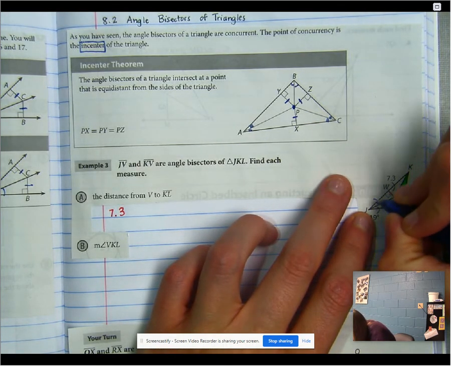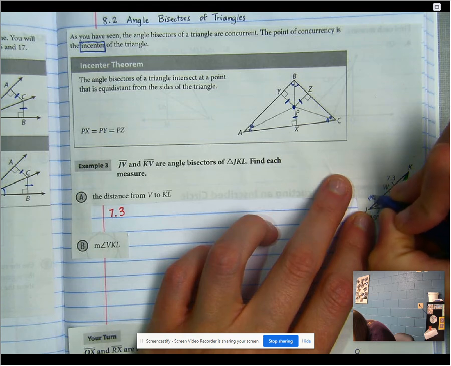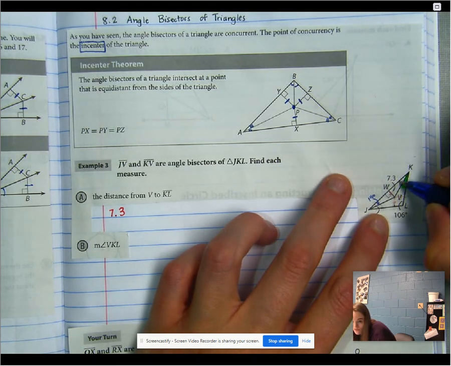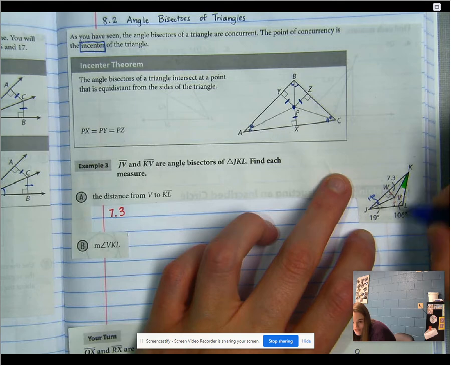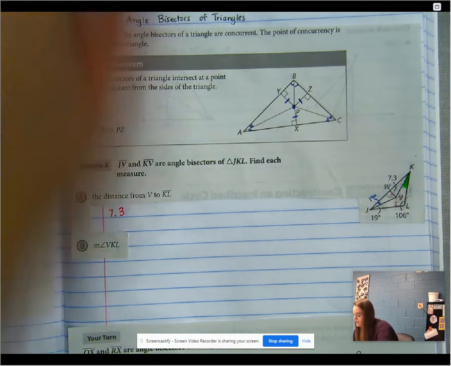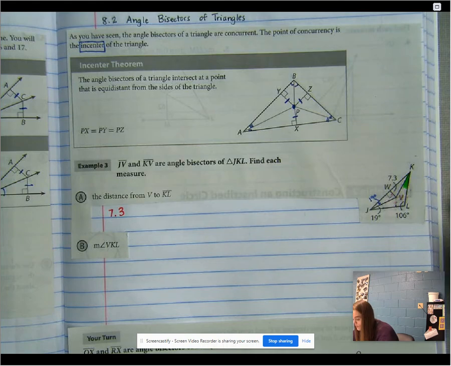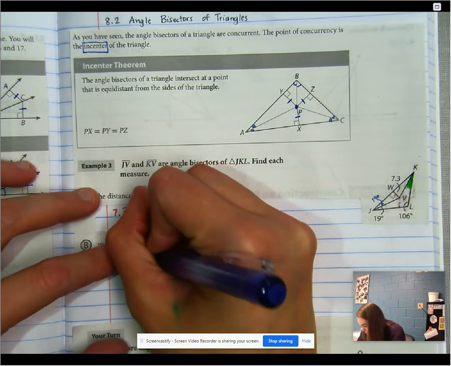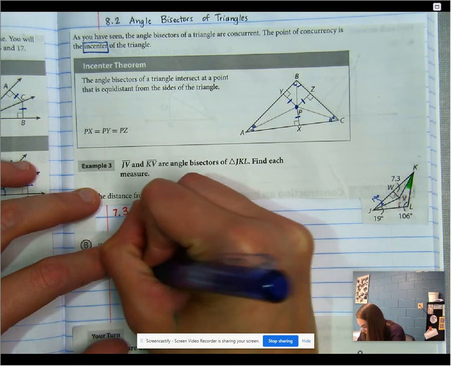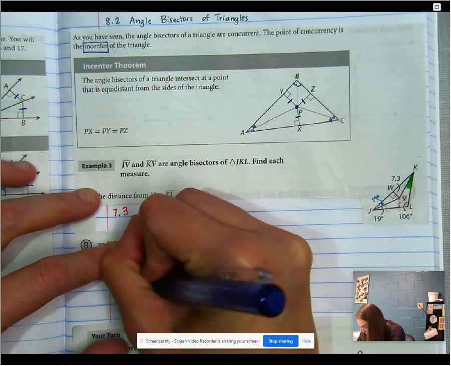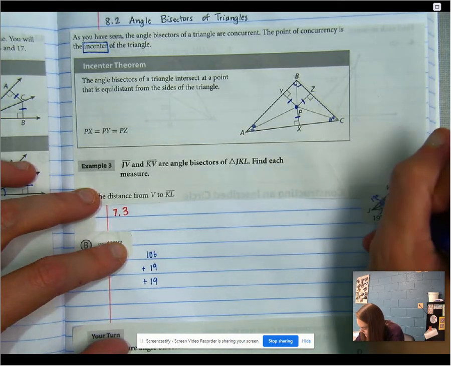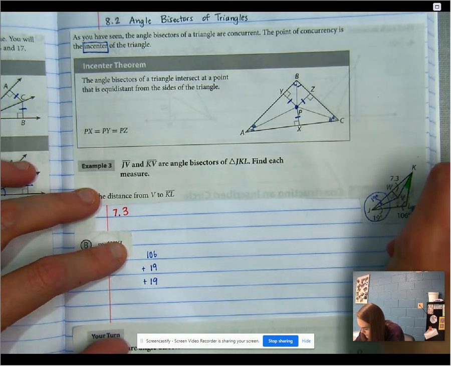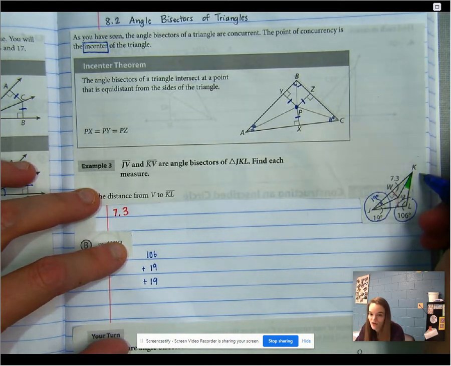This is also 19 degrees. This green piece and this piece are going to be congruent, and I have an entire triangle. That's how I'm going to find what is missing, what this angle is. So I'm going to do 106 plus 19 plus 19. I'm adding 19 twice because I need to find this angle and subtract from 180.